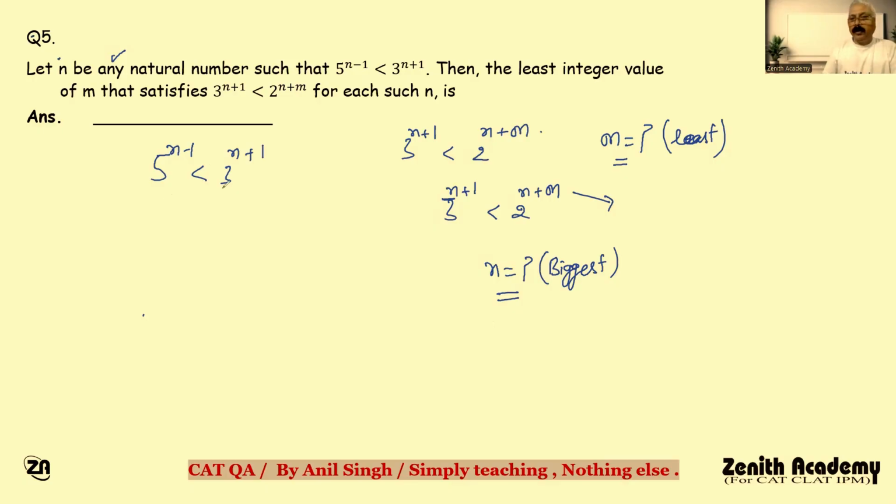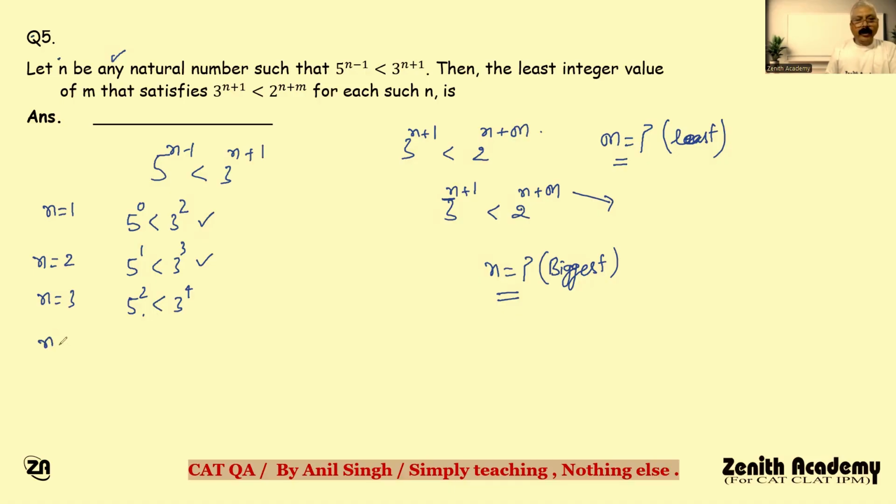So, simple method: if I put n is equal to 1, then this is 5 to the power 0, and here 3 to the power 2. So definitely the inequality is satisfied. If I take n is equal to 2, then this is 5 to the power 1 and this is 3 to the power 3. Again the inequality is satisfied. If I take n is equal to 3, then this is 5 to the power 2 and this is 3 to the power 4. 81 is greater than 25.